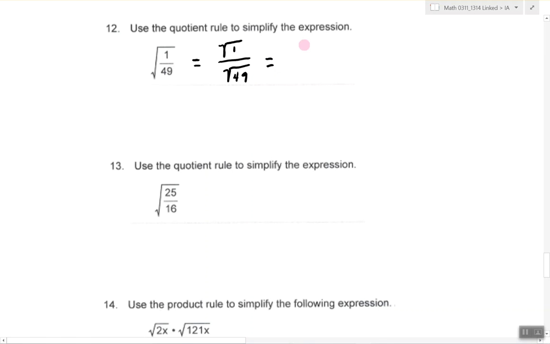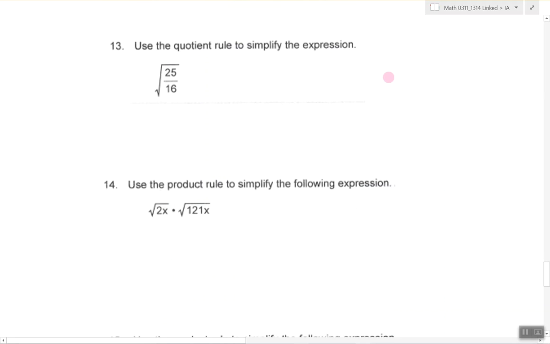The square root of 1 is 1. The square root of 49 is 7. And the answer is 1/7, the rational fraction 1/7. Using that same technique, I will break this into the square root of 25 over the square root of 16. So that's 5 over 4. And that's all I have to do.